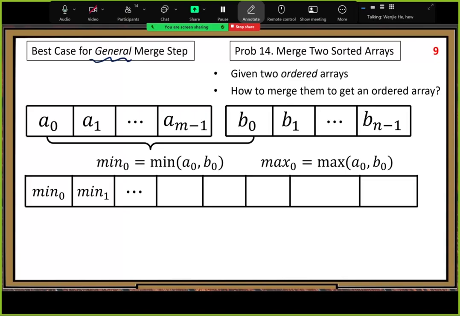For the best case, we want to look at special data for which we need to do the minimum number of comparisons. What kind of input? If you have such input, then when you apply this merge operation, you need to use the minimum number of comparisons. That's the best case.